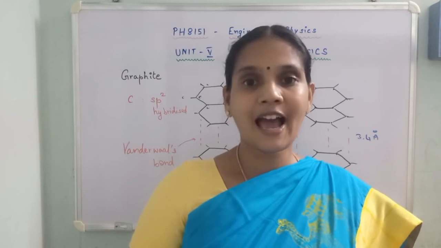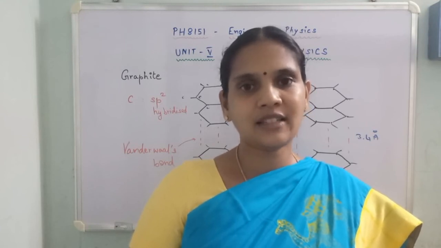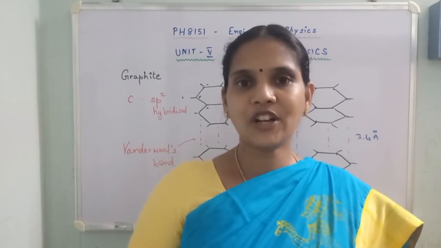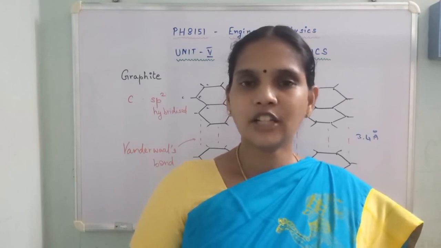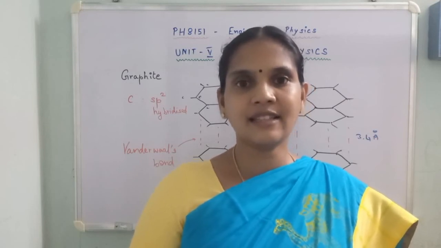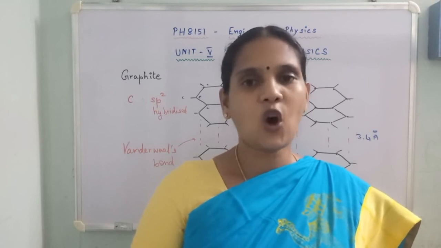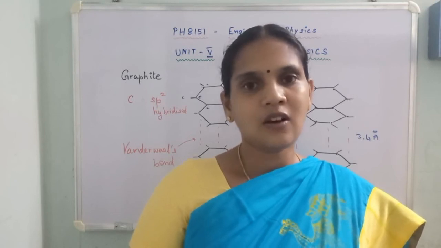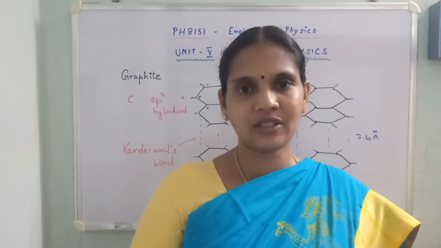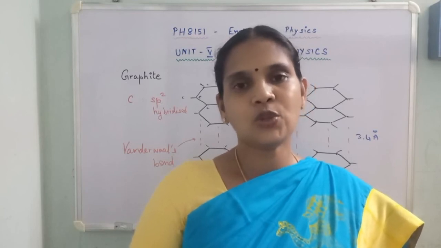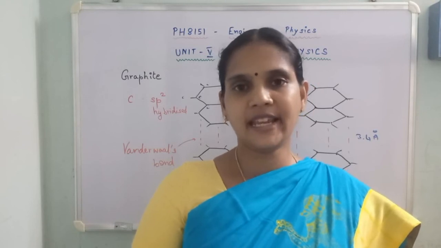It has high refractive index. It is transparent to visible and infrared light. It is polycrystalline and hence it glitters in ornaments. All these properties are attributed to the unique crystal structure which we saw in detail.